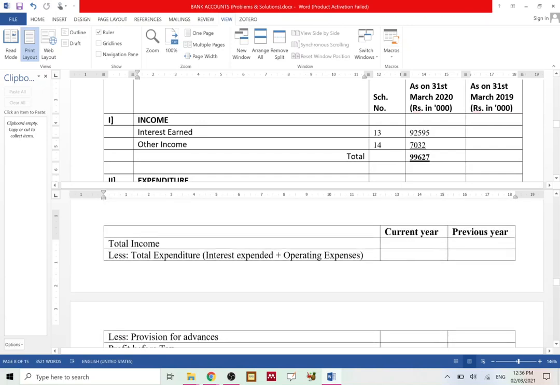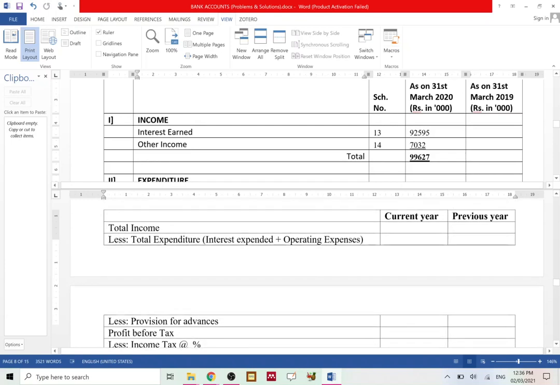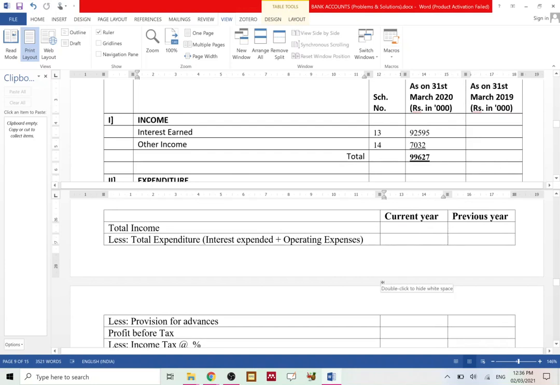Okay. So in our working note, what we will do is first calculate what is the profit that we have as of now. Alright, and accordingly we will get the figures for the provisions, as well as we will try to get what is the provision for taxation. Okay, so let's see.